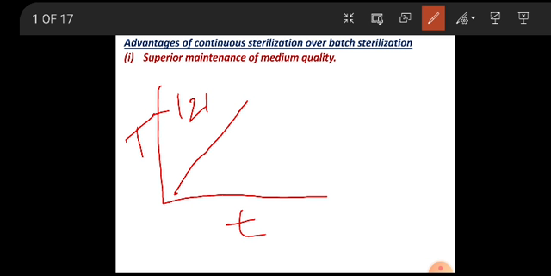Then the medium remains exposed to that for a particular period of time, and then the temperature decreases like this.